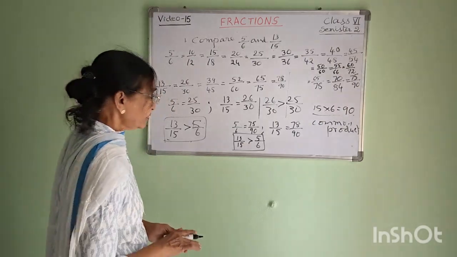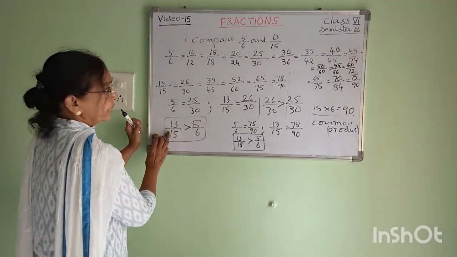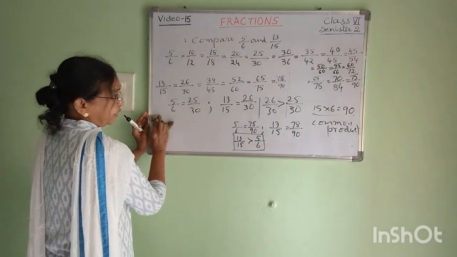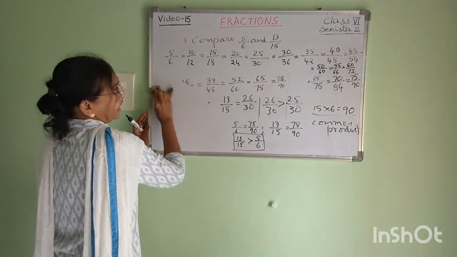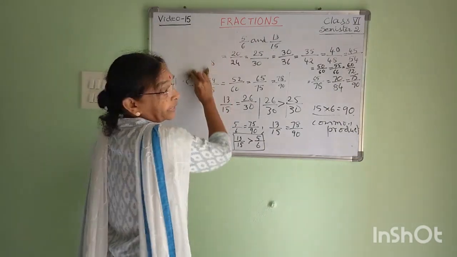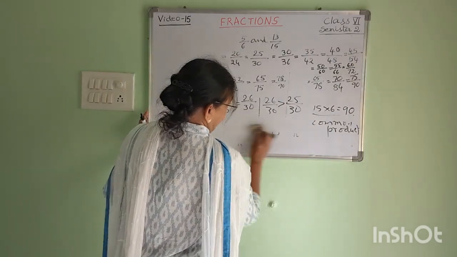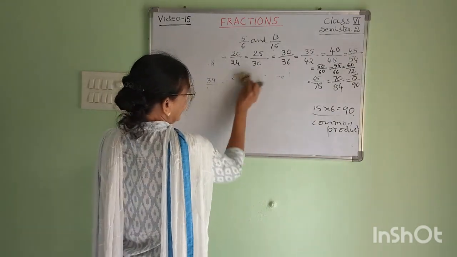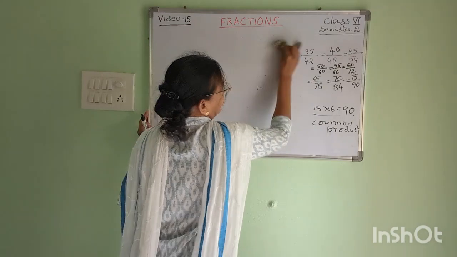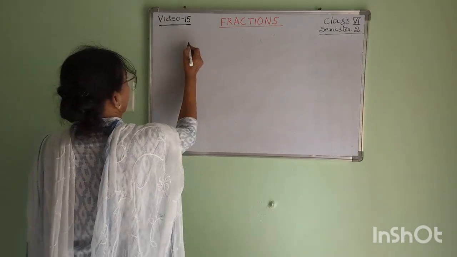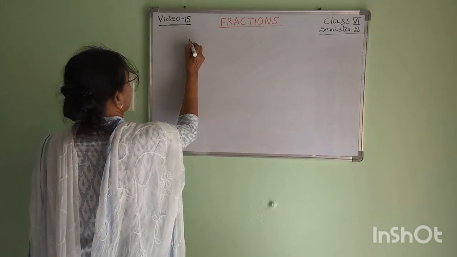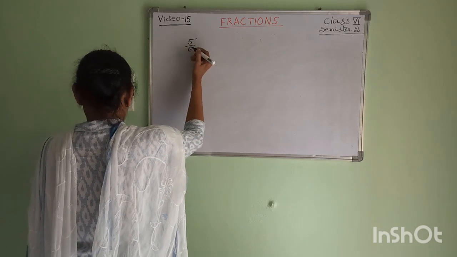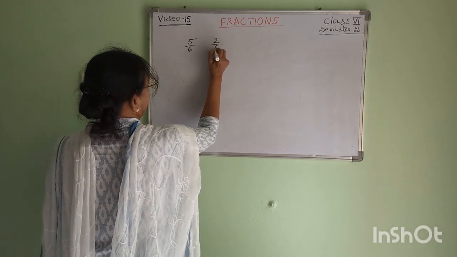So this is how to compare the fractions. We will do some more examples of comparing unlike fractions. Compare the fractions 5 by 6 and 2 by 6.